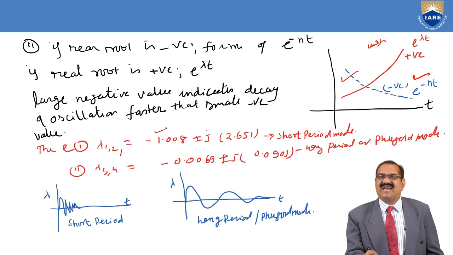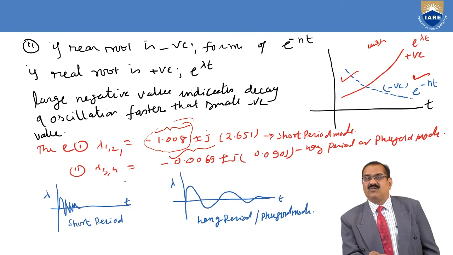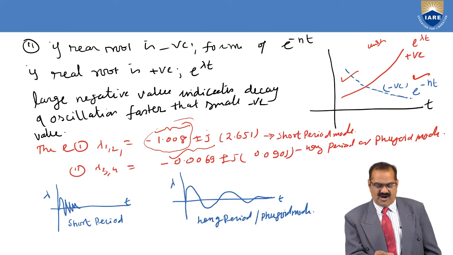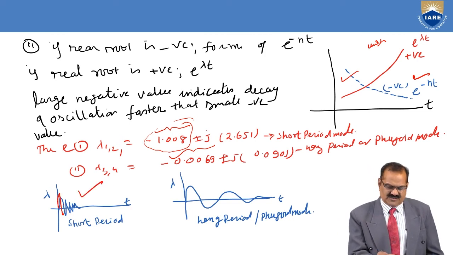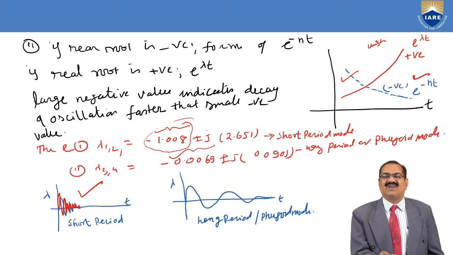So here you can see that this is a higher value than this one. So this one will have a large decay, a very fast decay. So you can have this type of plot as shown here. Within a very short time, the decay will complete and it will come to the equilibrium condition.